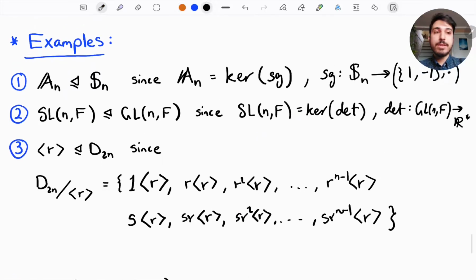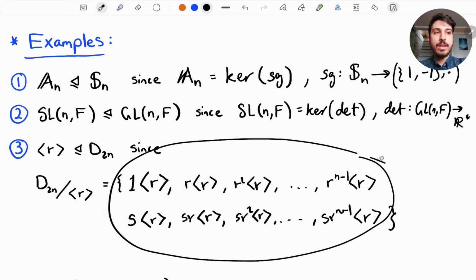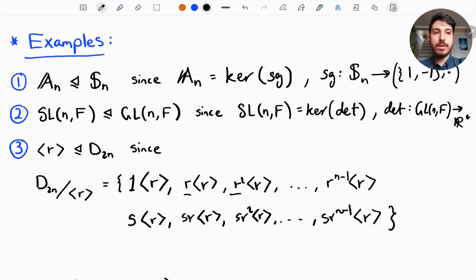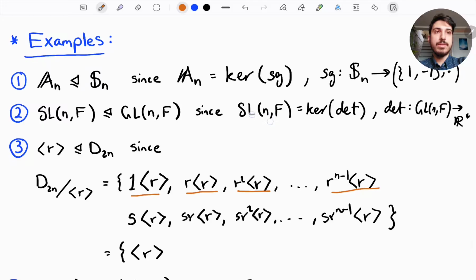Notice that we can simplify this set by seeing that the powers of R, when we're multiplying by this set R, are just going to give us the same subgroup R back. All of these are going to give us this element here, because when you multiply a power of R by a power of R, you get back a power of R. So it makes sense to just write this for all of these elements.